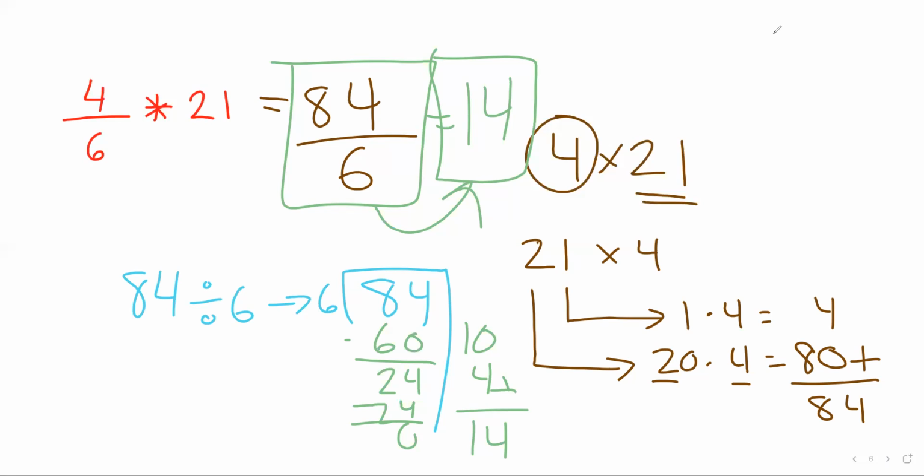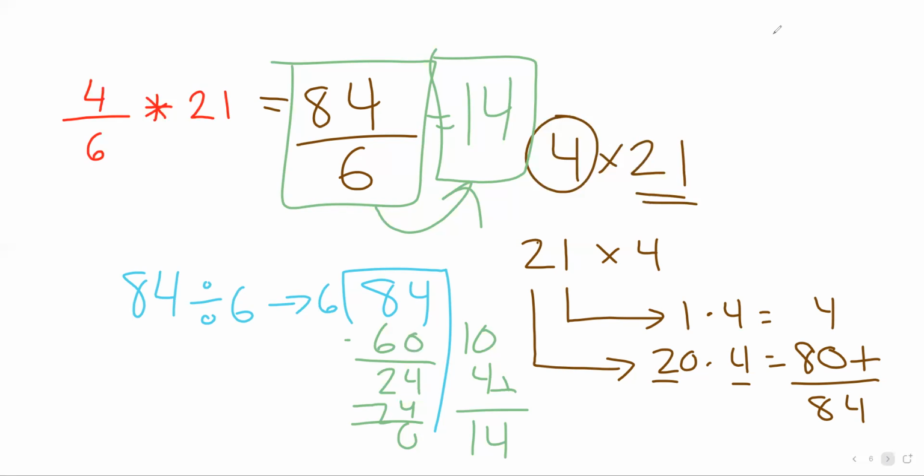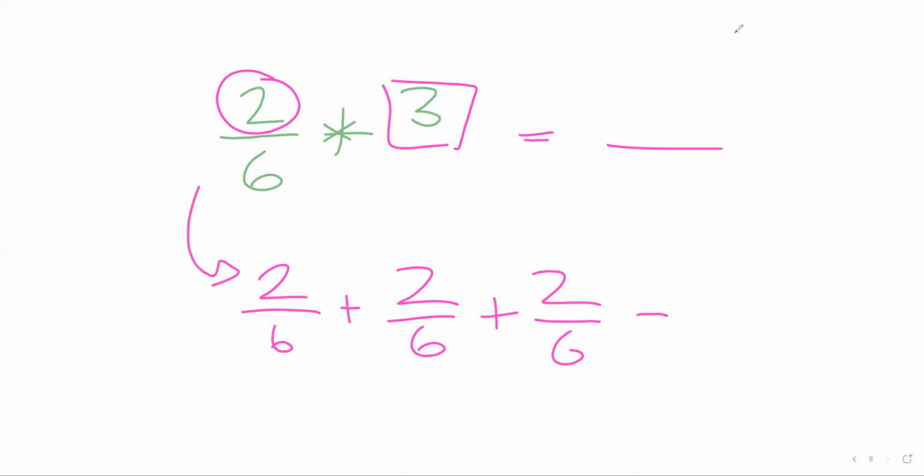So day 1, what are some things we noticed? I noticed when multiplying fractions with whole numbers, I'm really just taking my whole number and multiplying by the number of pieces I have, which makes sense because this is saying I have 3 groups of. So I can model it like this, right?